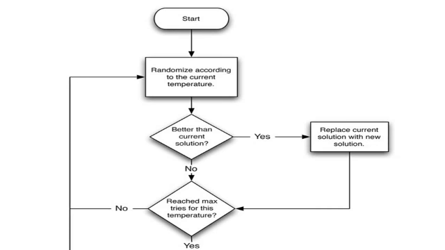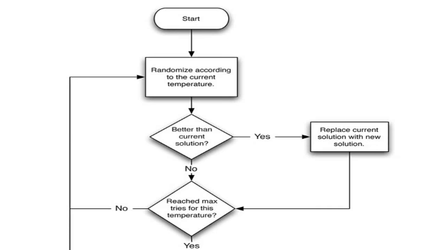First, the algorithm starts. We are going to randomize the potential solution according to the current temperature. This will initially start out at a higher temperature and proceed to a lower. We evaluate whether the randomization produced a solution that is better than the current solution. If the solution produced is better than the current solution, then this solution that was just randomized becomes the current solution.